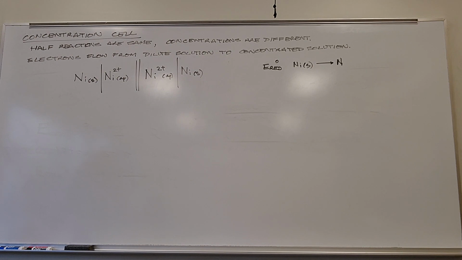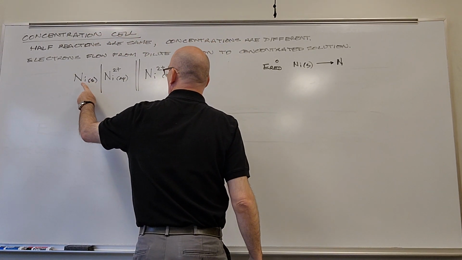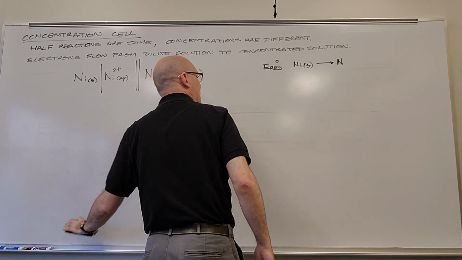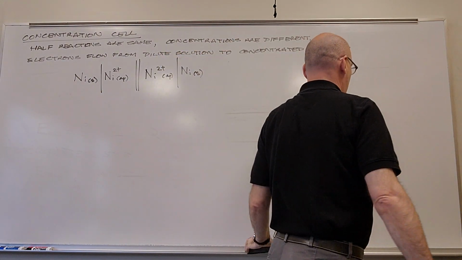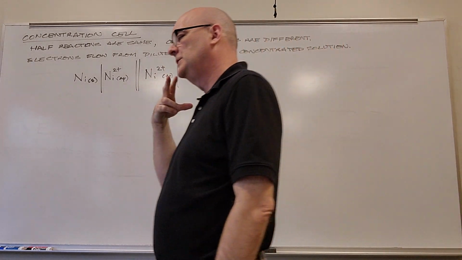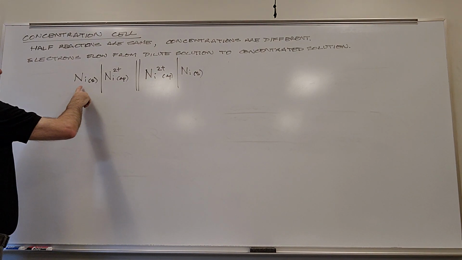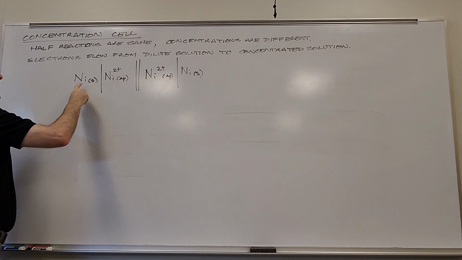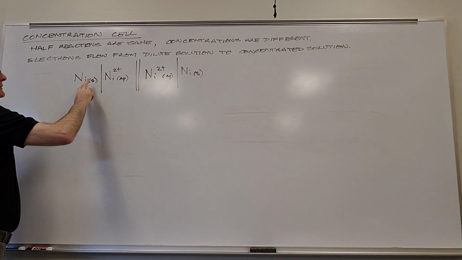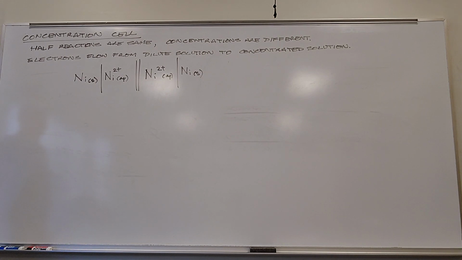Find me the reduction potential for nickel 2 plus. When you go from one ion to another ion, from one oxidation state to another, they call that a couple. -0.236.